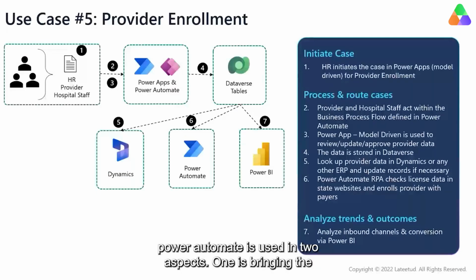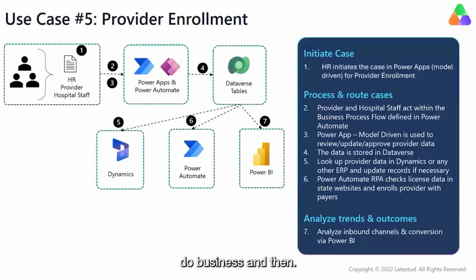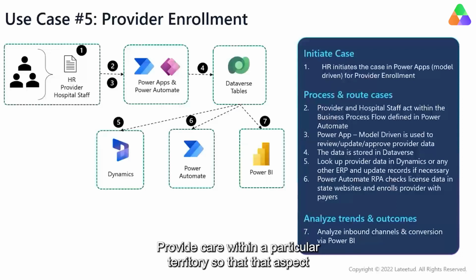And Power Automate is used in three aspects, by the way. One is bringing the data from internal systems. The second is checking the licenses on state websites. So for each of the doctors, you have to verify whether the license is active and if the person is licensed to do business and provide care within a particular territory. That aspect can be checked by the RPA.